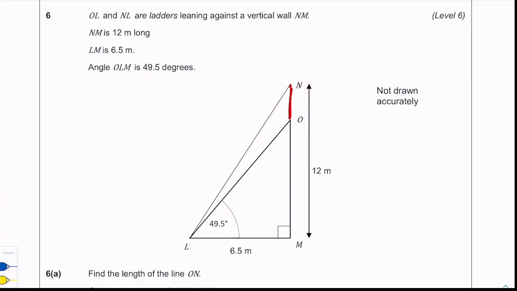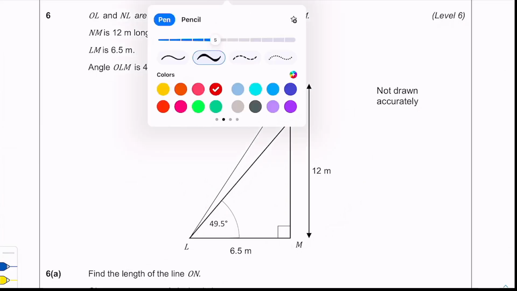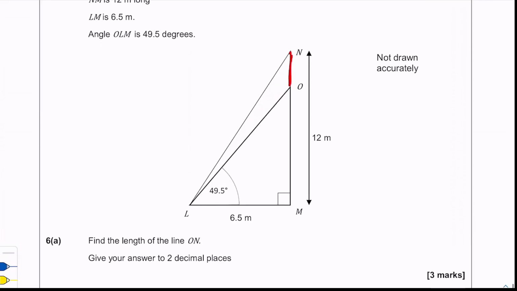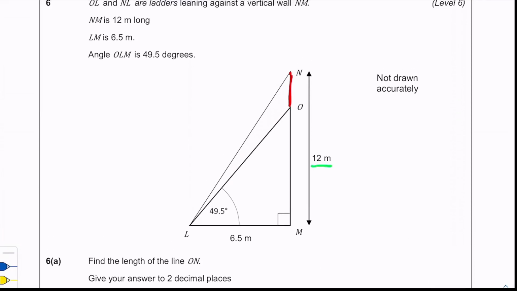Okay, right, so let's first of all see what we're told. We are told that's 12 centimetres. So if we can work out this length, we can do 12 minus, we'll call this something, and then that will equal ON.